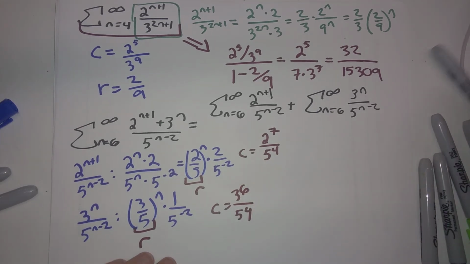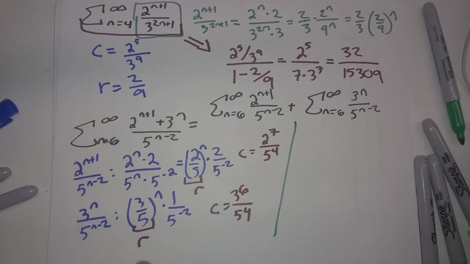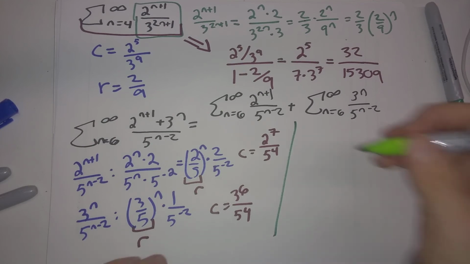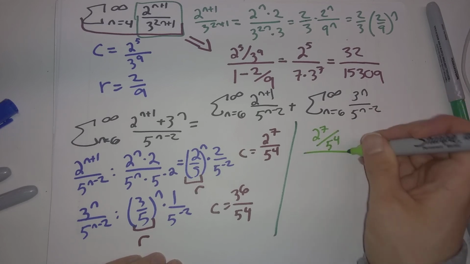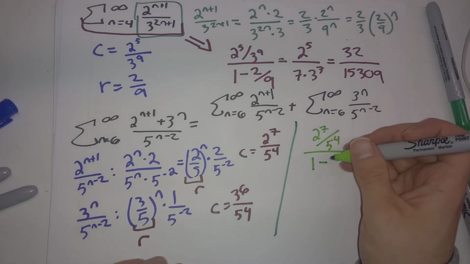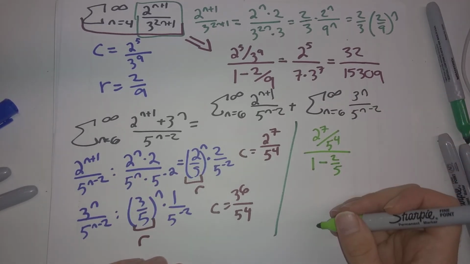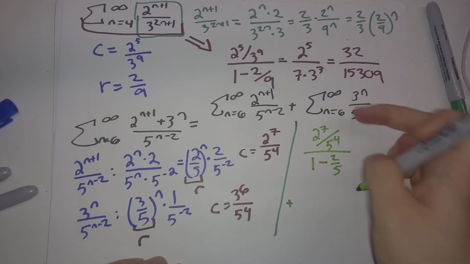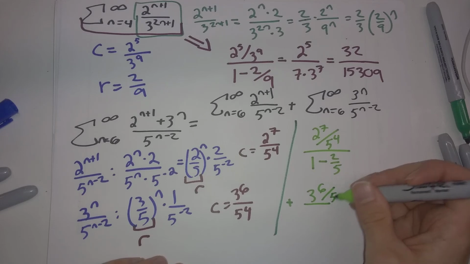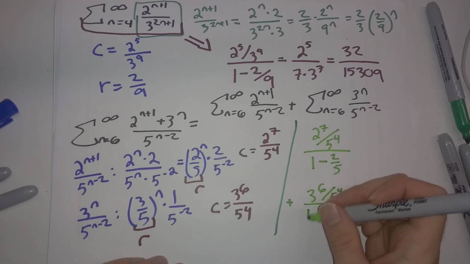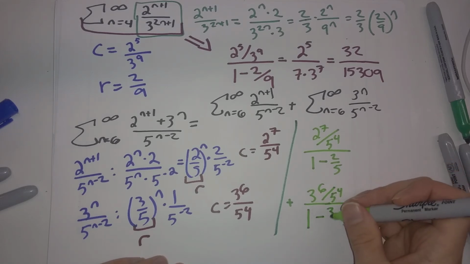And so, respectively, I end up with C, 2 to the 7th divided by 5 to the 4th, over 1 minus R, 1 minus 2/5, plus C, 3 to the 6th divided by 5 to the 4th, all of that divided by 1 minus 3/5.